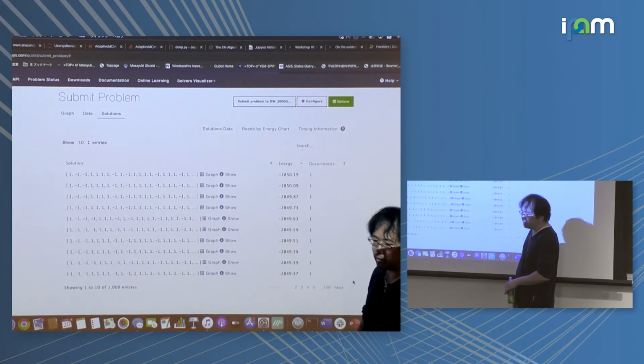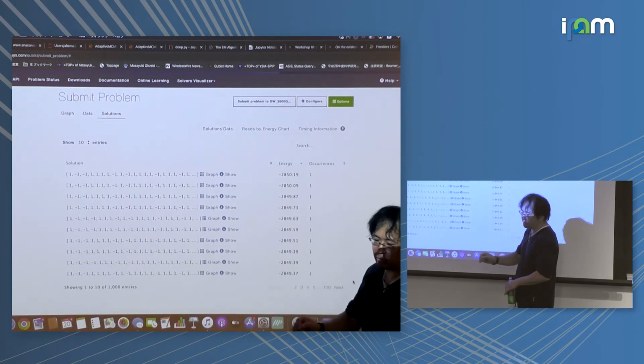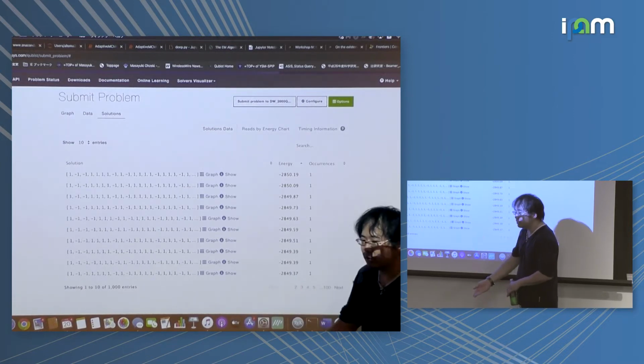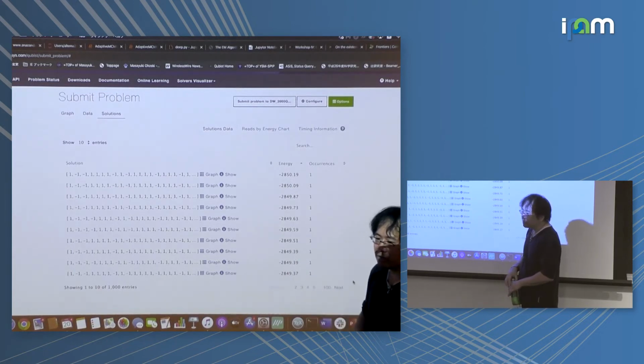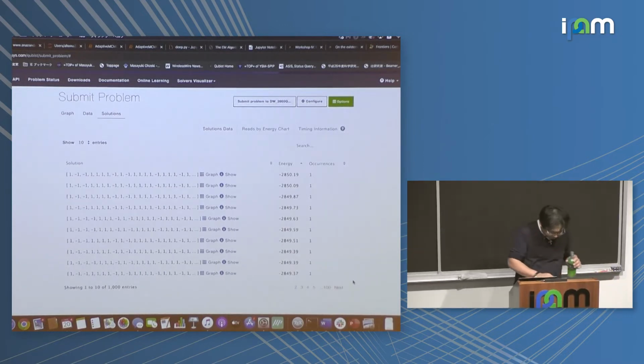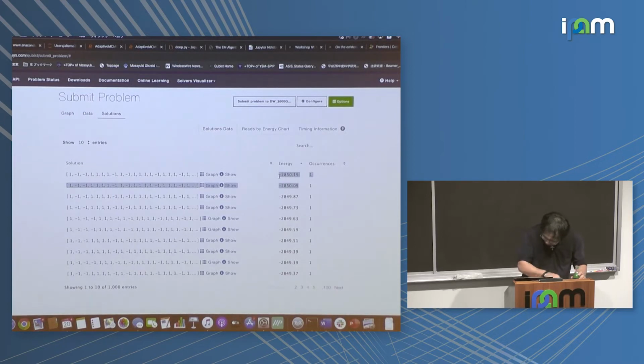Of course, depending on the problems, but you can observe the distance between the samples, in some sense the Hamming distance, and the distance from the ground state and the energy gaps, something like that. You can observe that. For example, in this case, the energy is very close.